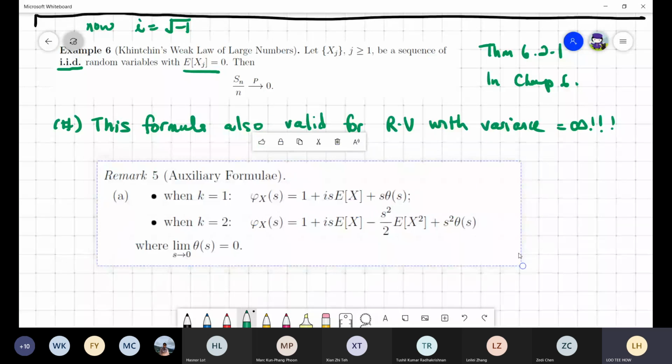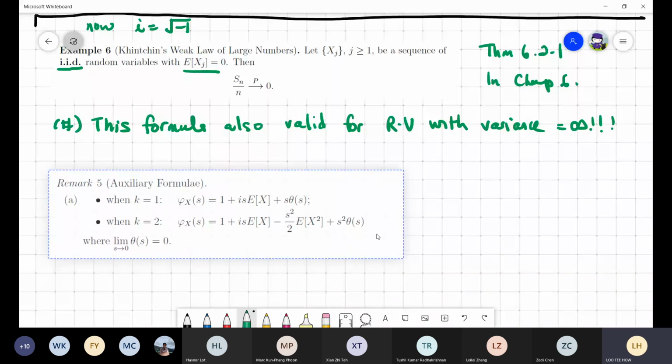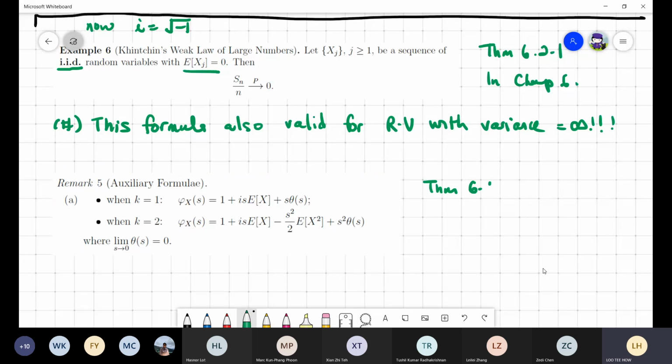We need this formula. In fact, again, just to let you know, this is Theorem 6.1.8 in chapter 6, just for information. So this is the Taylor formula.